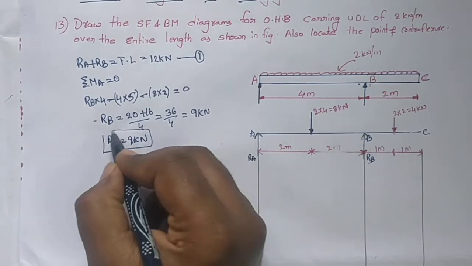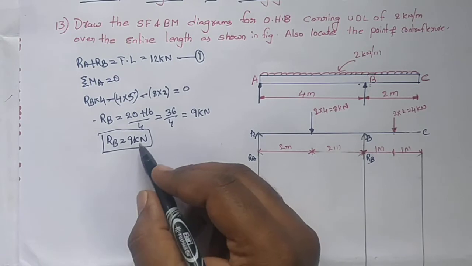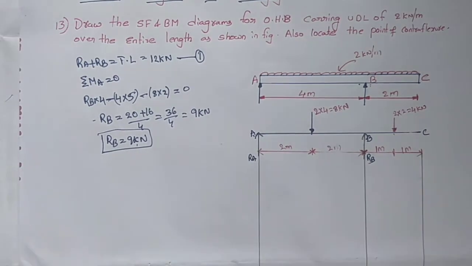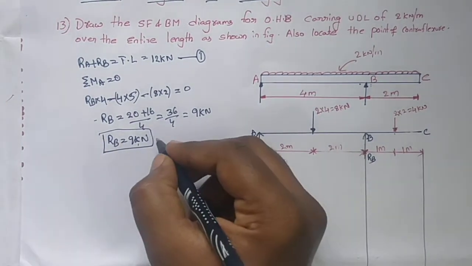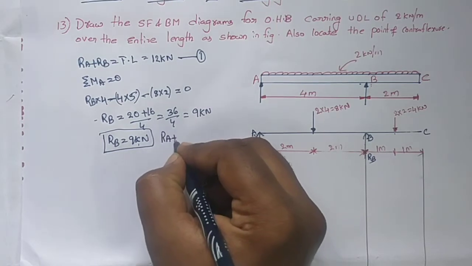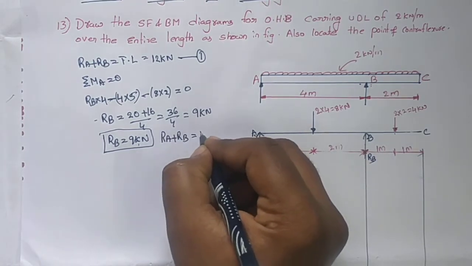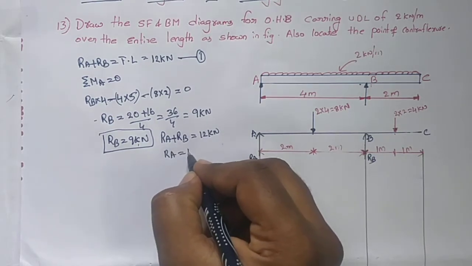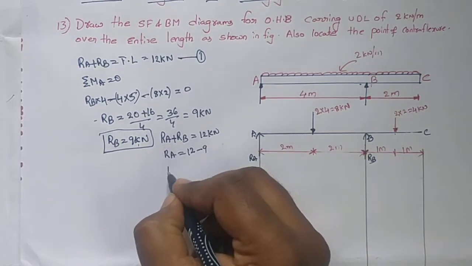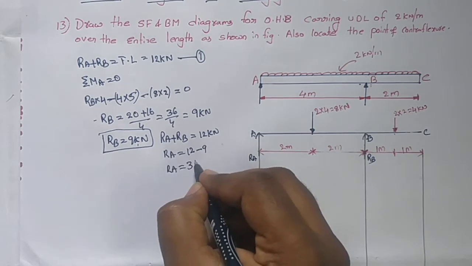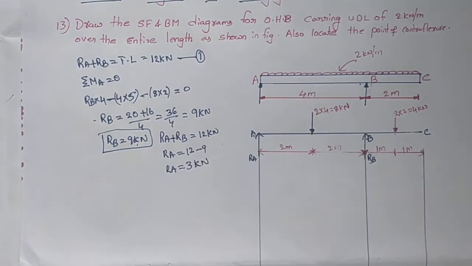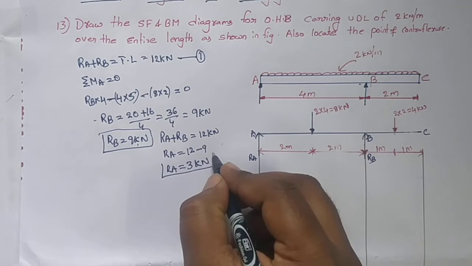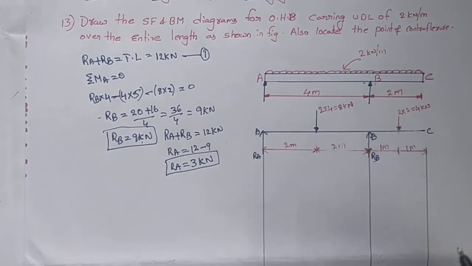Substituting the RB value in equation 1, we get the value of RA: RA plus RB equals 12 kilonewtons, therefore RA equals 12 minus 9. Finally RA equals 3 kilonewtons. These are the values of the reaction forces RA and RB.